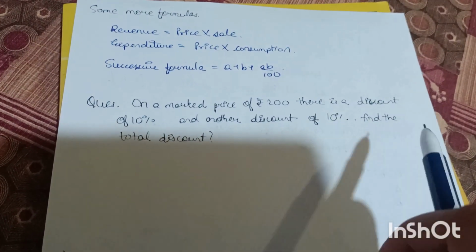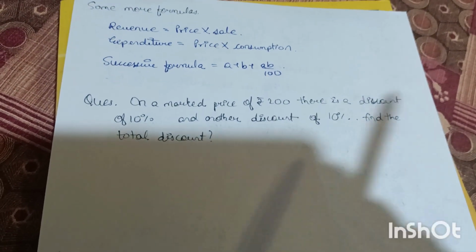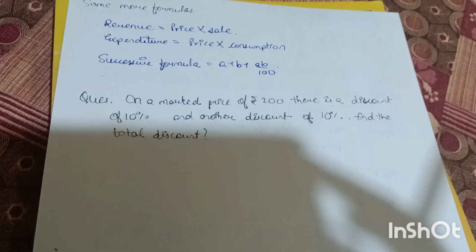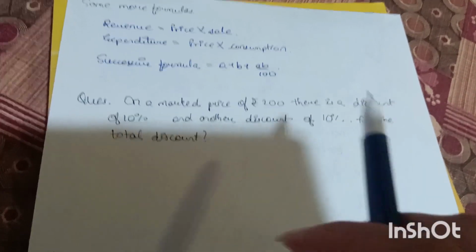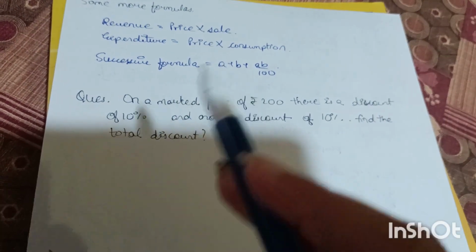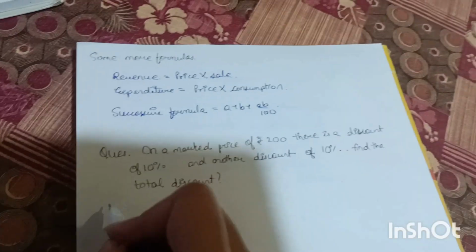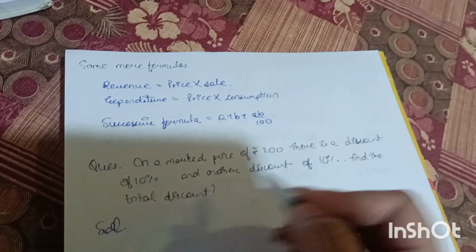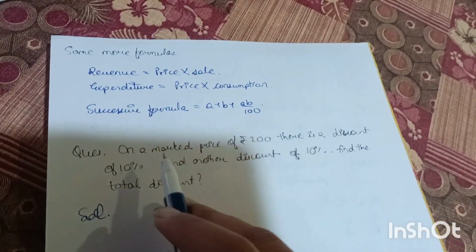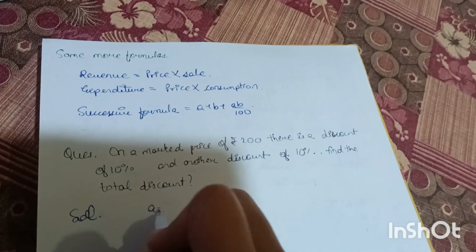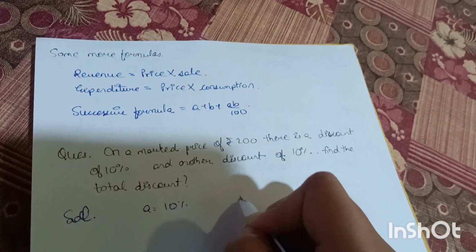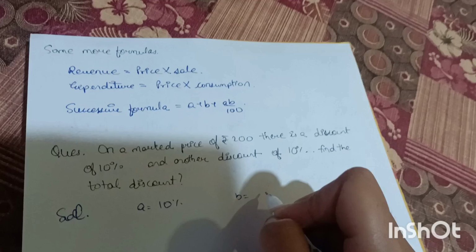So the next question is on your screen. You may solve it out. So in this question, you have to use the successive formula. How you will use it, I will show. So there are two discounts. Let's take first discount as A is equals to 10% and B as another discount, that is 10%.